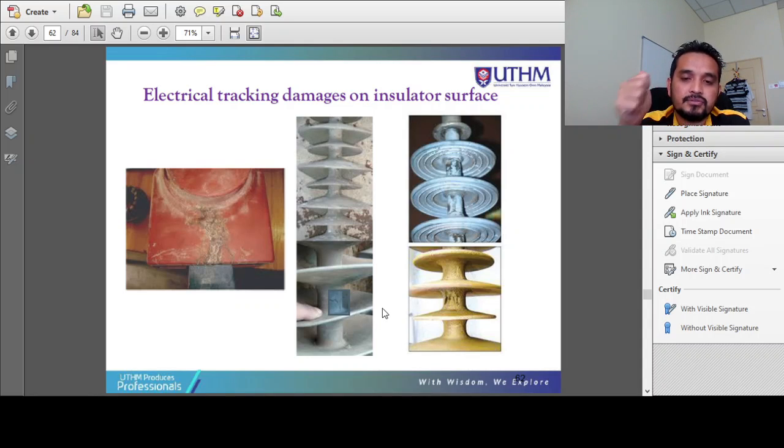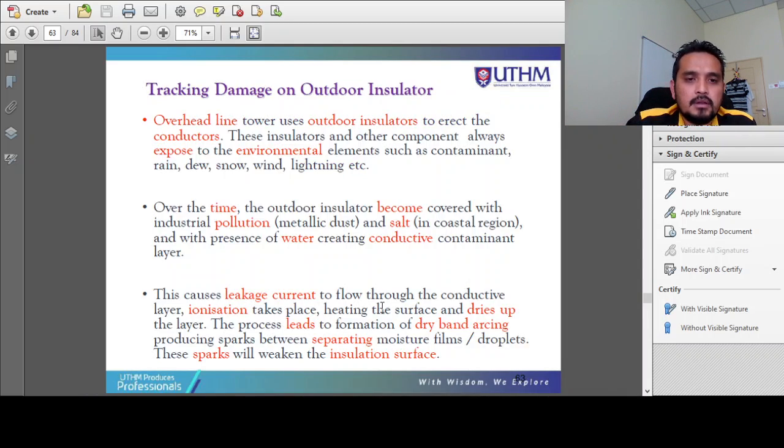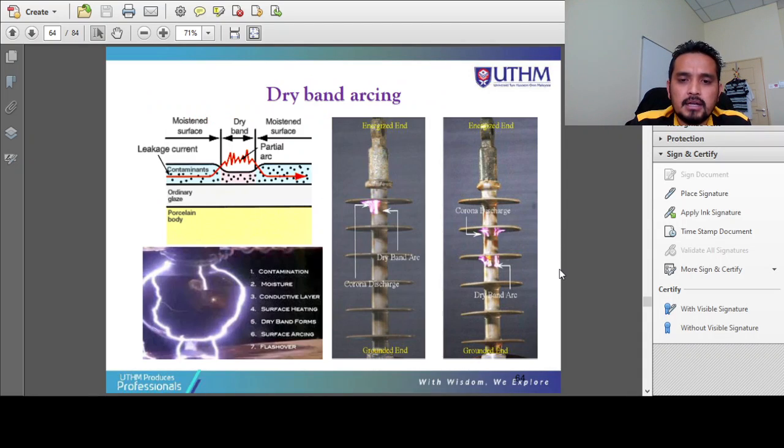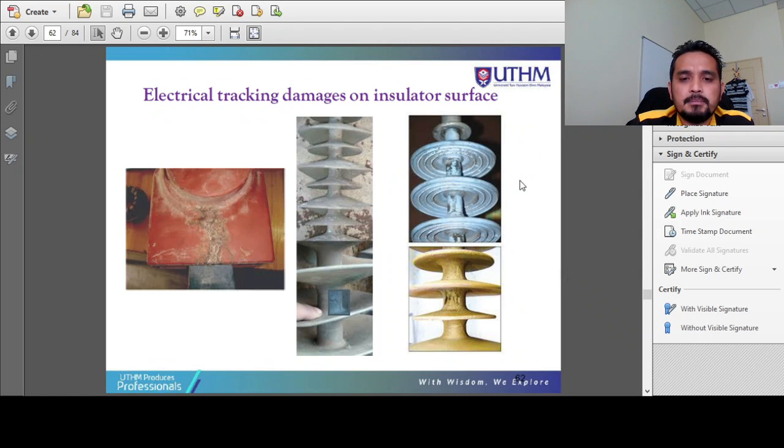Normally tracking comes first, then it will erode. It will start to deteriorate. Okay, tracking damage on outdoor insulator, as I explained before. These are the damage to the insulator.